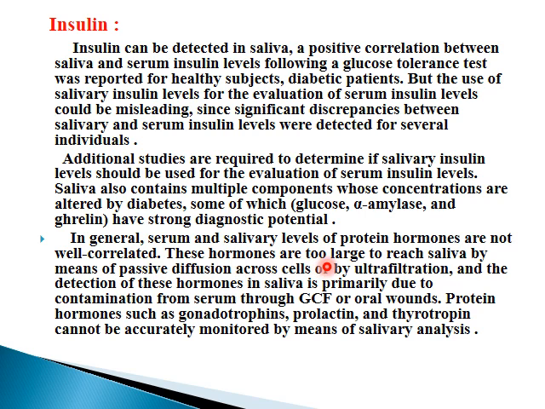These hormones are too large to reach saliva by means of passive diffusion across cells or by ultrafiltration, and the detection of these hormones in saliva is primarily due to contamination from serum through gingival crevicular fluid or oral wounds. Protein hormones such as gonadotropins, prolactin, and thyrotropin cannot be accurately monitored by means of salivary analysis.